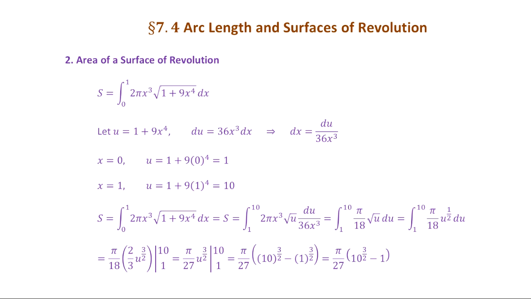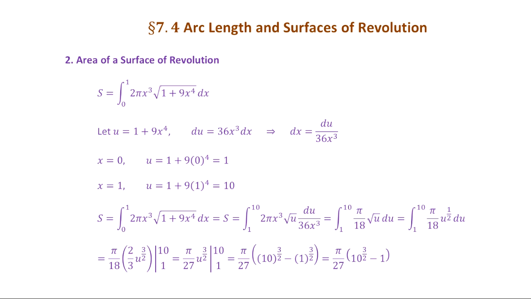So dx will be du over 36x cubed if you divide by 36x cubed on both sides. And then find out the lower and the upper limits of integration for u. So plug in 0 for x, you get u equal to 1 plus 9 times 0 to the fourth. You got 1. And when x equal to 1, you got 1 plus 9 times 1 to the fourth, you got 10.